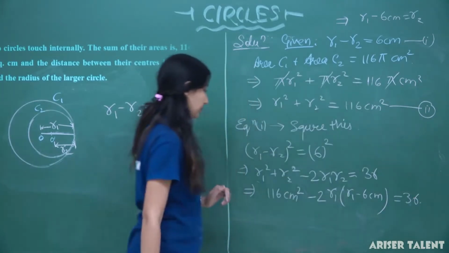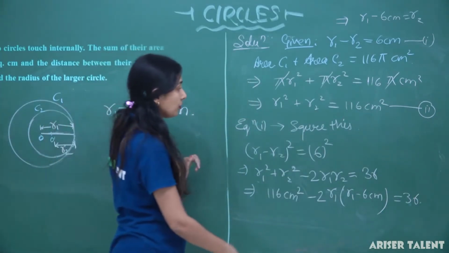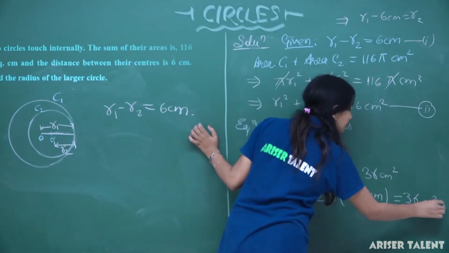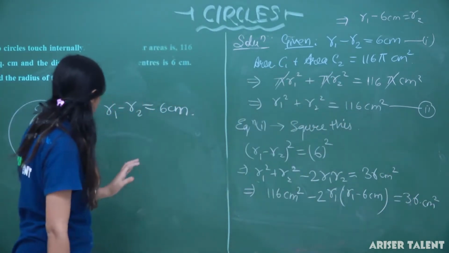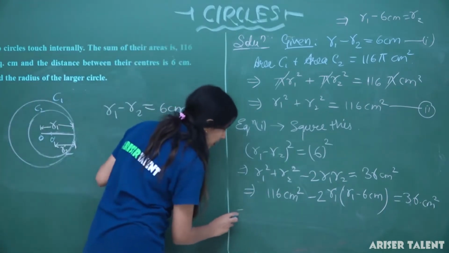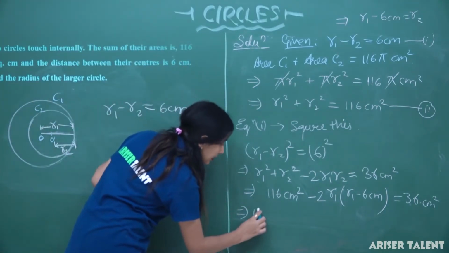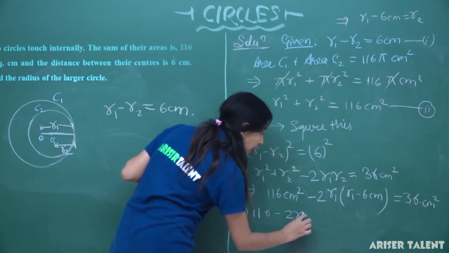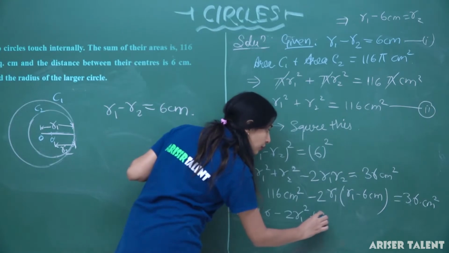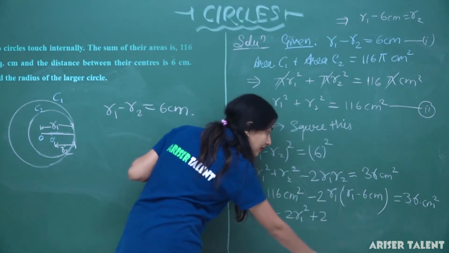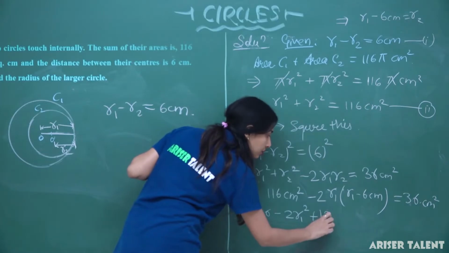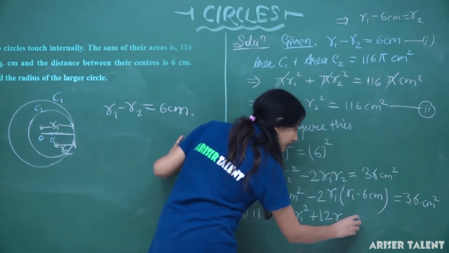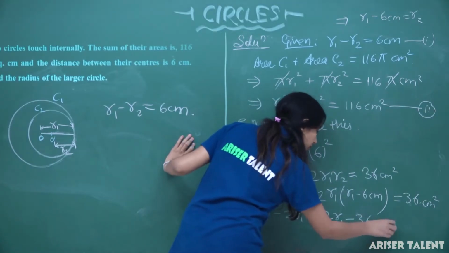So this is the value and that will be equal to 36 centimeter square. Okay, so I am not going with these units, but I am clearing it that 116 minus 2 r1 square plus 2 multiplied by 6 is 12, so 12 r1, minus 36 equals 0.